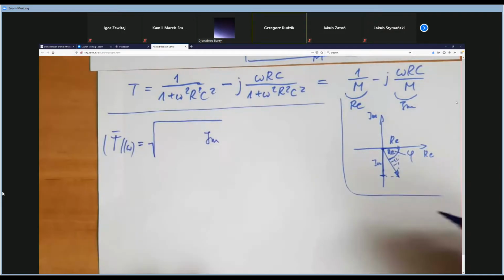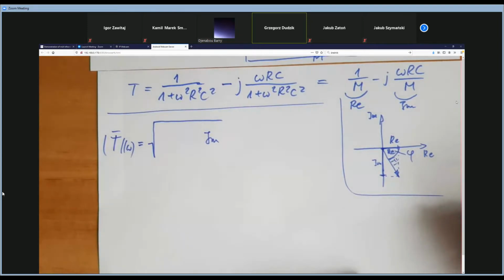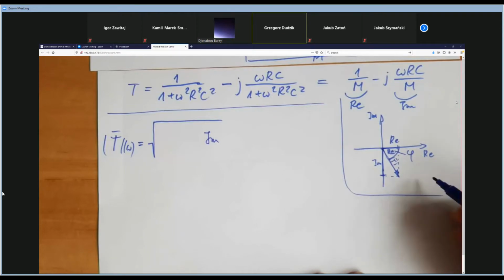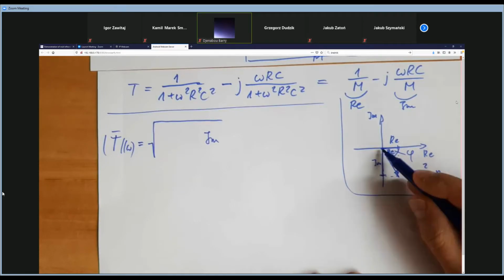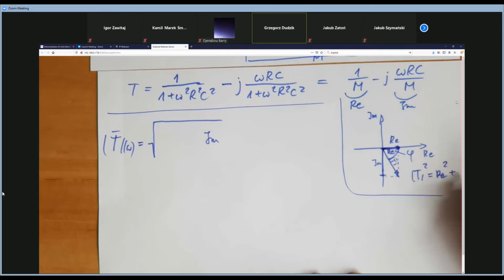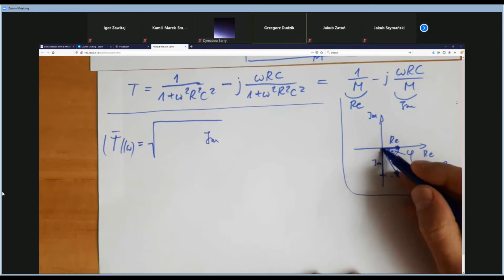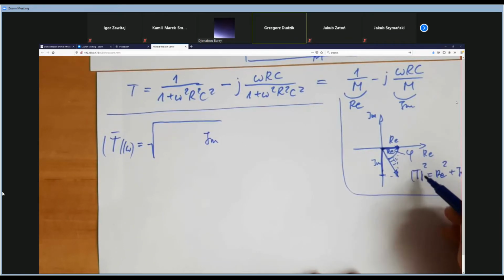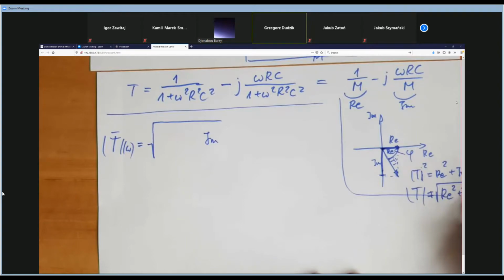No, okay, I see that we've got some problems. Okay, the length of this vector, according to the Pythagoras expression, we've got t squared is equal to the real part of this vector squared plus the imaginary part of the vector squared. So if we wanted to find the modulus of t, we have to just calculate the square root of the real part squared plus the imaginary part squared.